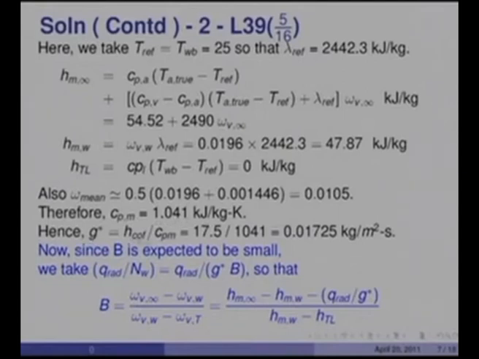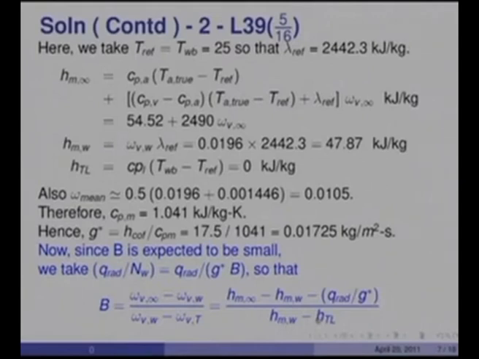G star would be H coff divided by CPM, which is 70.5 divided by 1041 equal to 0.01725 kg per meter square second. So, now since B is expected to be small, Q rad by NW will be Q rad by G star B. So, that we get B equal to omega V infinity minus omega V W minus omega V T, which is 1, equal to HM infinity minus HMW minus Q rad by G star over HMW minus HTL.